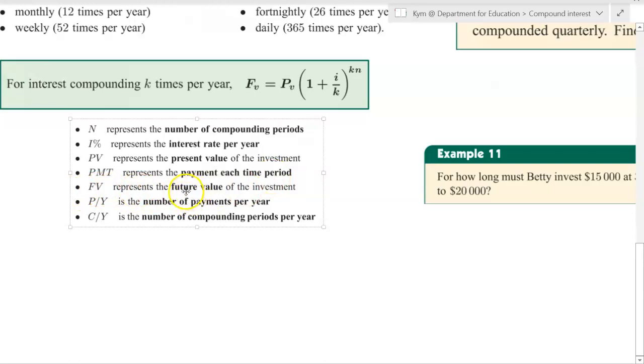FV is the future value of the investment, and P/Y will be the number of payments per year, and C/Y will be the number of compounding periods per year. So in the example of compounded quarterly, interest will be paid 4 times per year, and interest will be compounded 4 times per year. So both P/Y and C/Y will be 4.